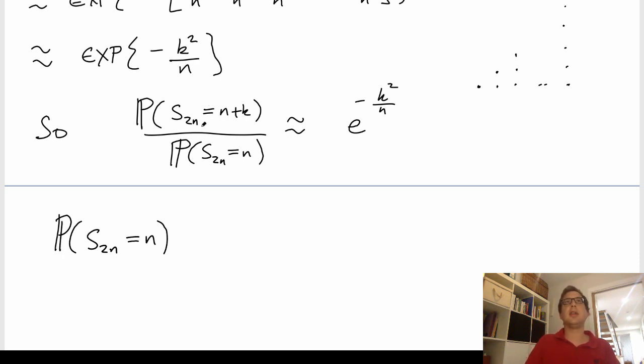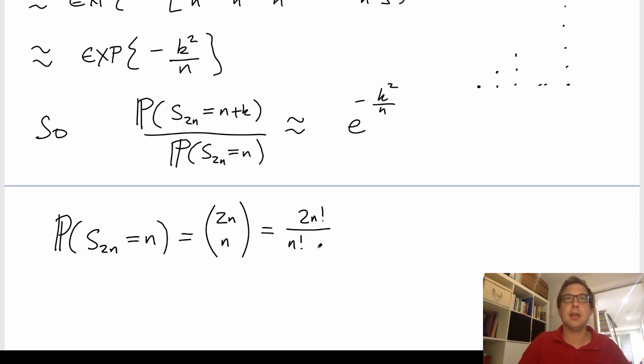So I want to evaluate a little bit how this behaves. What we're looking at is 2n choose n. Notice it's 2n factorial divided by n factorial times n factorial.